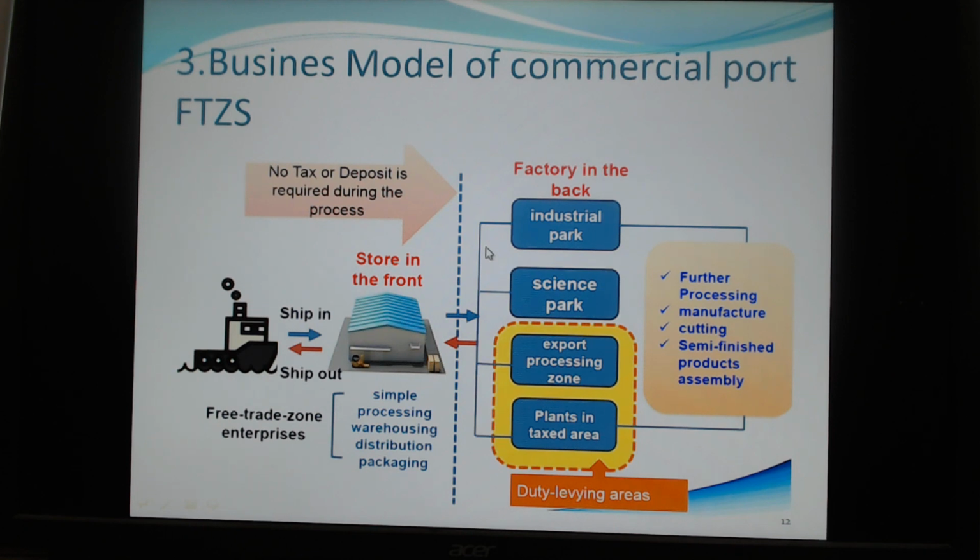Then, in the neighboring area outside, they have an industrial park, export processing zone, or plant. They can offer some very simple follow-up processing, manufacturing, or cutting on their own.